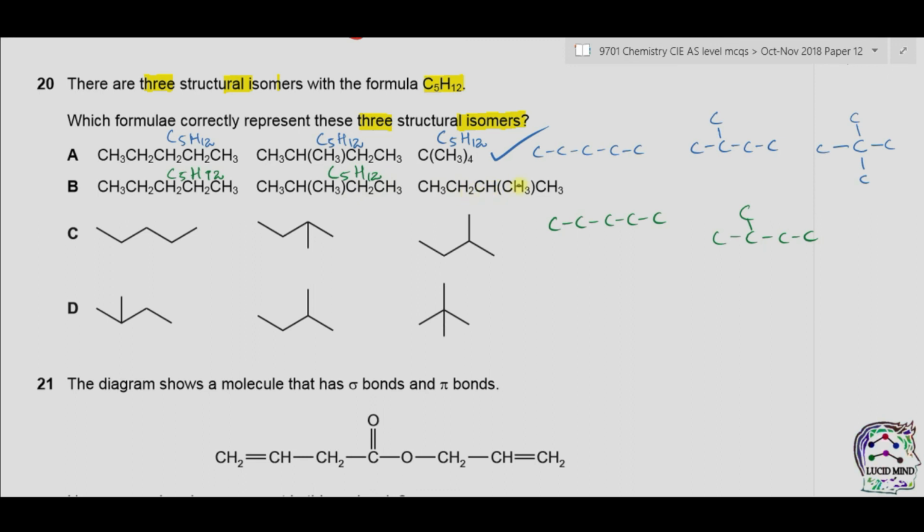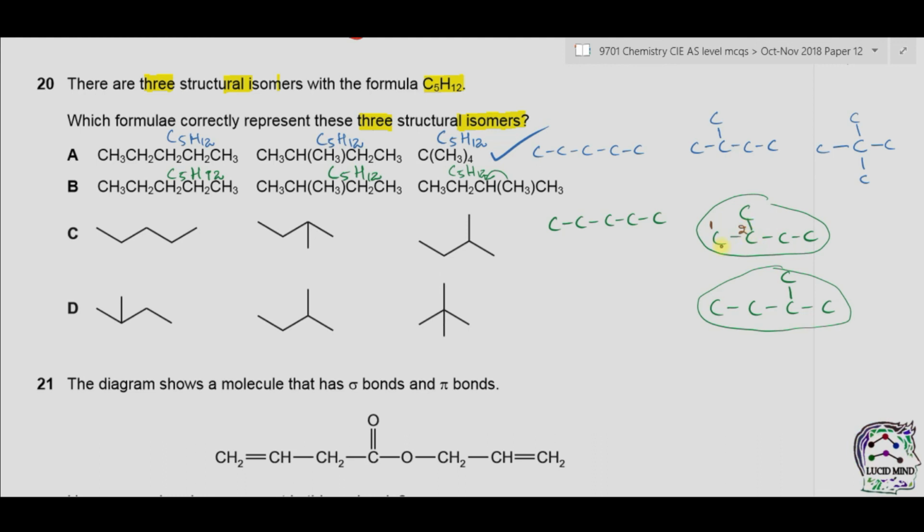In the third one again we have 5 carbon atoms and this carbon is present as a substituent on this carbon atom. So the formula is C5H12. Now we can see that these two are similar. This is because numbering starts from the carbon atom having the least number given to the substituent.